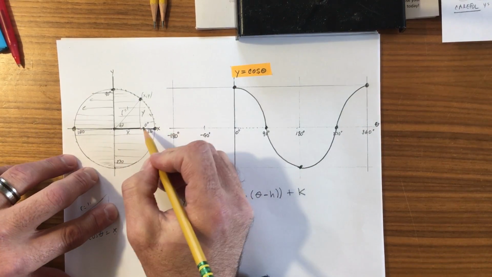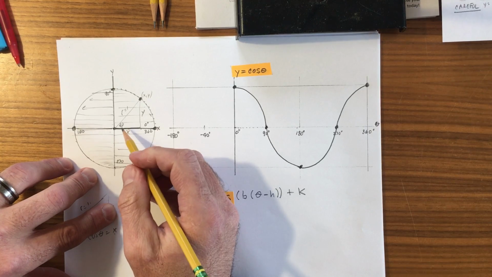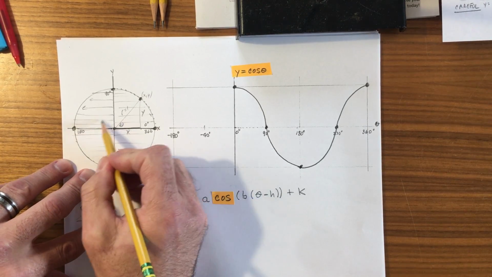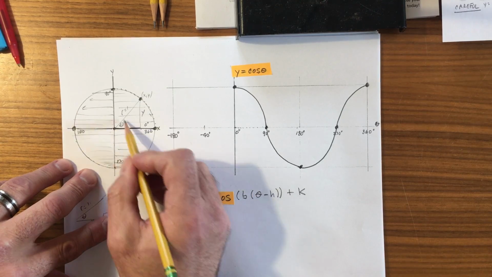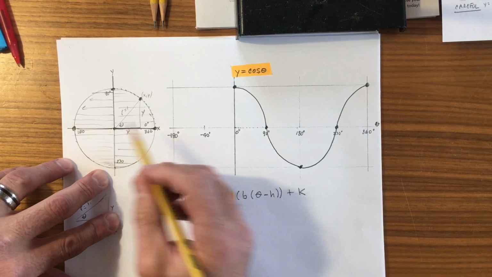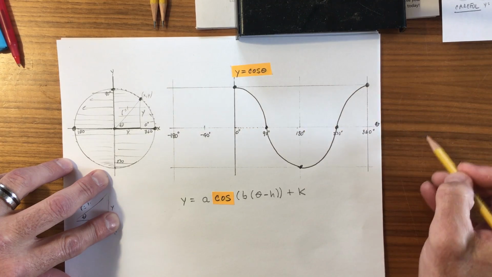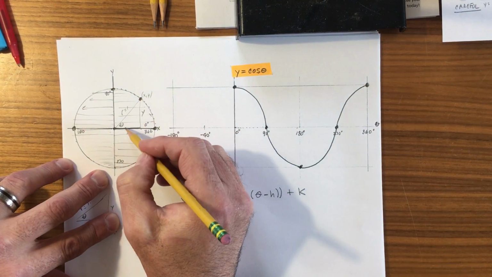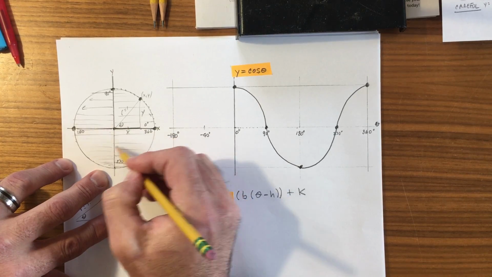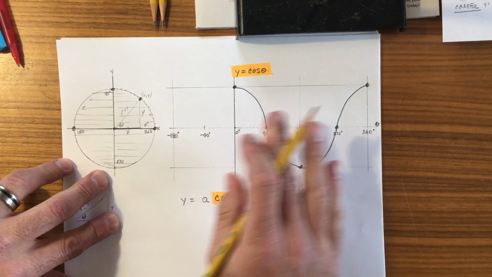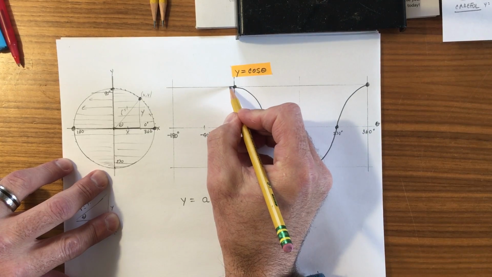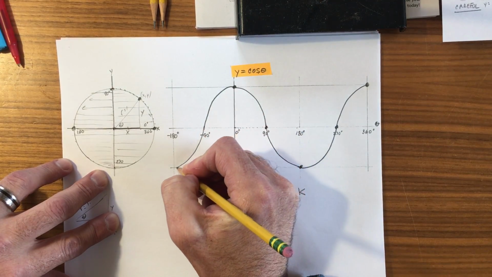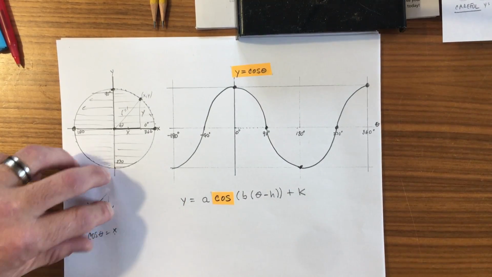Now, because this is a circle, and because we have coterminal angles, we can keep going around this circle in a positive direction, and this will keep repeating itself off to the right. And if we start at 0 degrees and go in a negative direction, this keeps repeating itself in the other direction, like that.